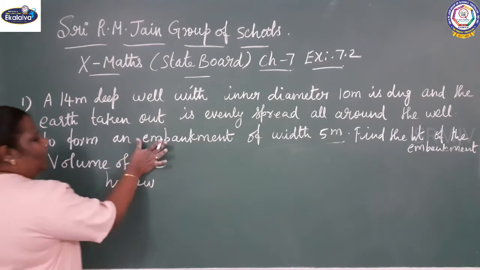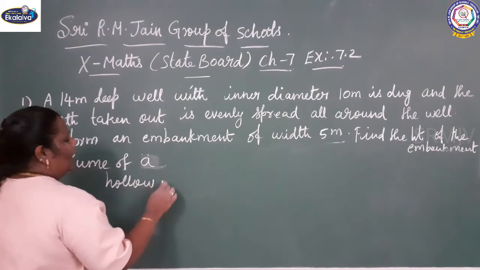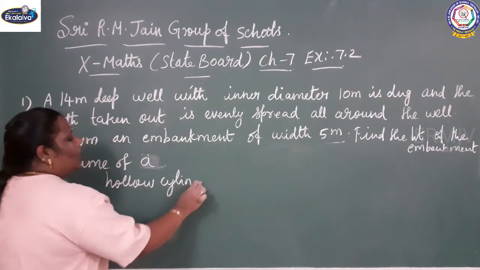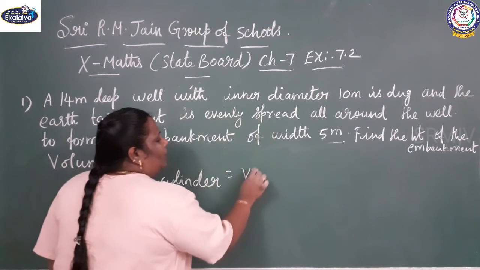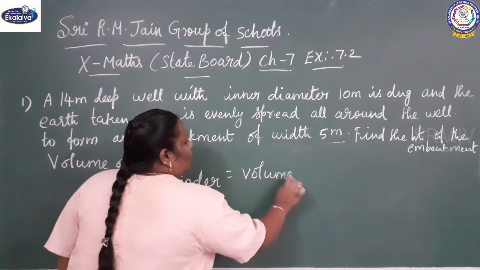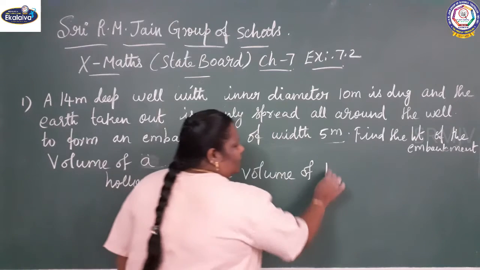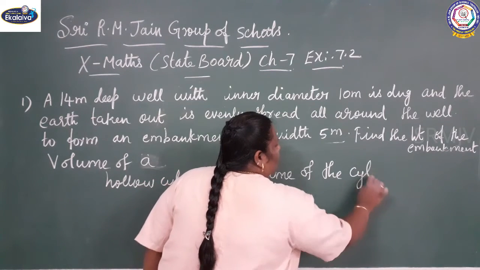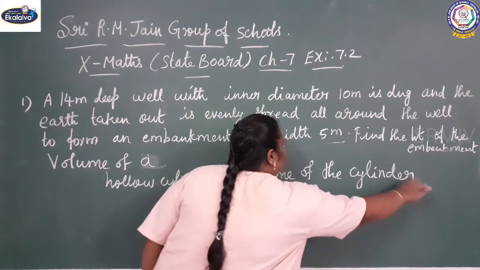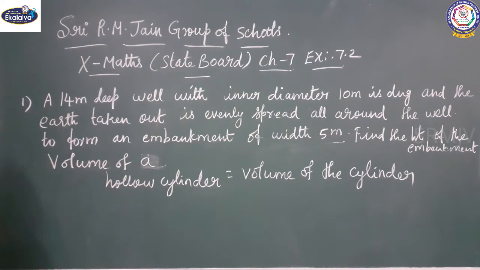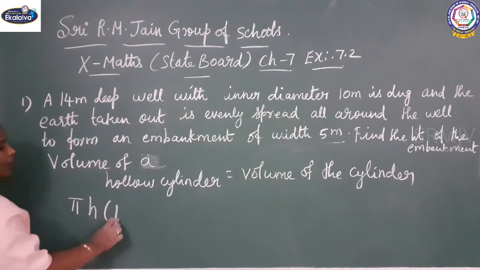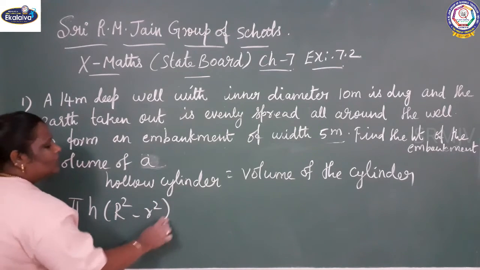The volume of a hollow cylinder equals the volume of the earth taken out. What is the formula for the volume of the hollow cylinder? Pi h into (R square minus r square).